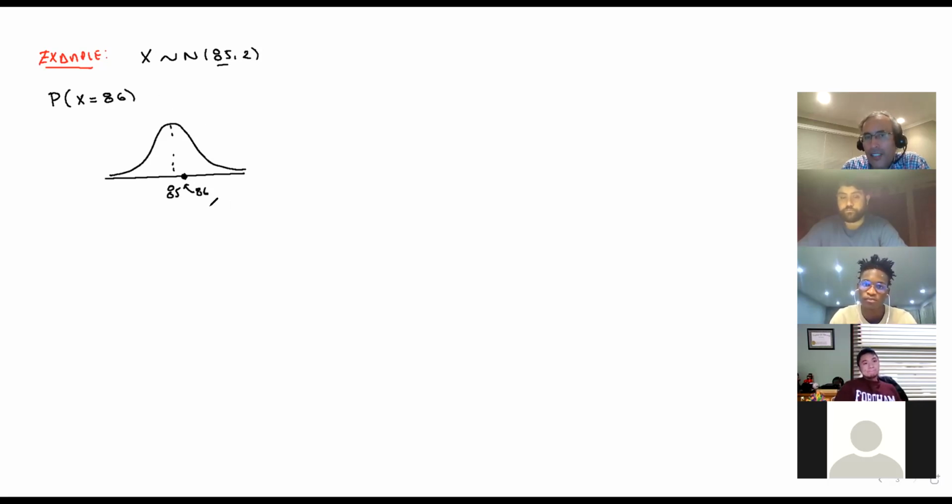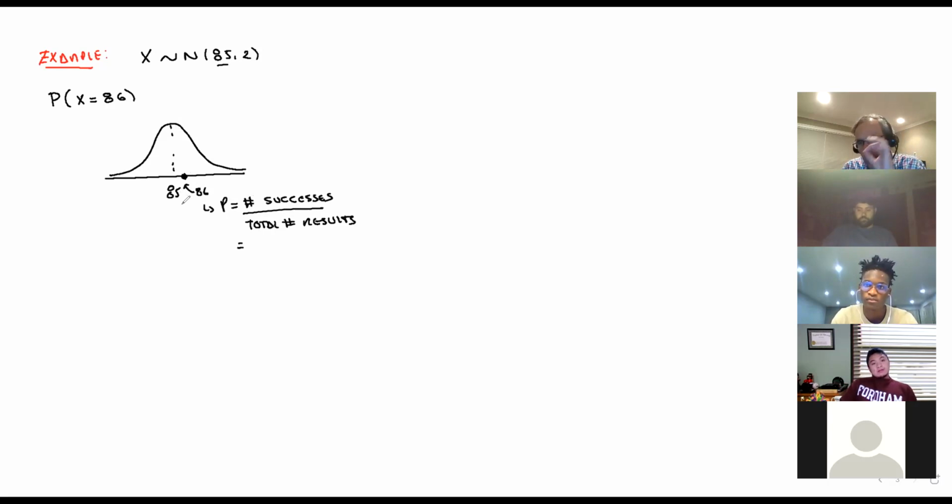Now, a probability is estimated simply as the number of successes divided by the total number of results. In how many ways can you get 86 sharp? Only one way, 86. Agree? How many potential grades can you have? If it's continuous, this is going to be infinite.